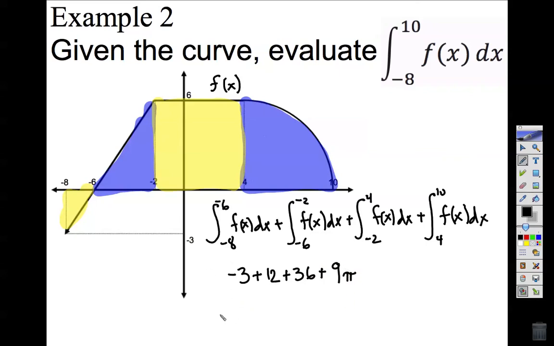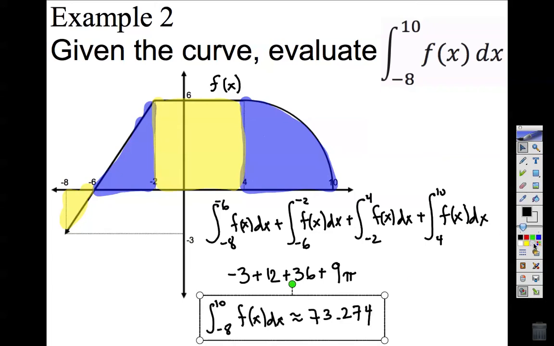So when we add all that up, the area between -8 and 10 of f of x dx approximates to 73.274 units squared. Box that in.